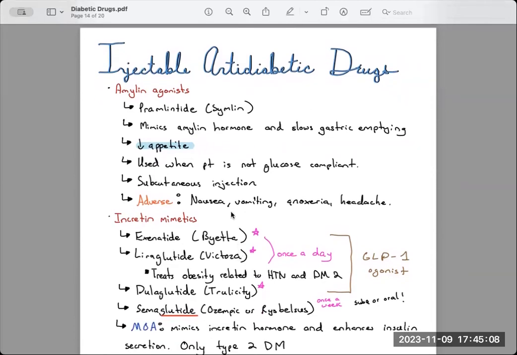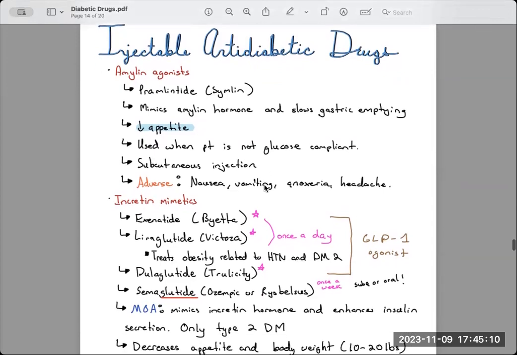So there's a couple other ones. We have injectable anti-diabetic drugs like amylin agonists, like Symlin or pramlintide. I apologize, I'm terrible at saying things. Basically, these drugs mimic amylin, which is a hormone that helps slow gastric emptying, and amylin actually decreases your appetite.